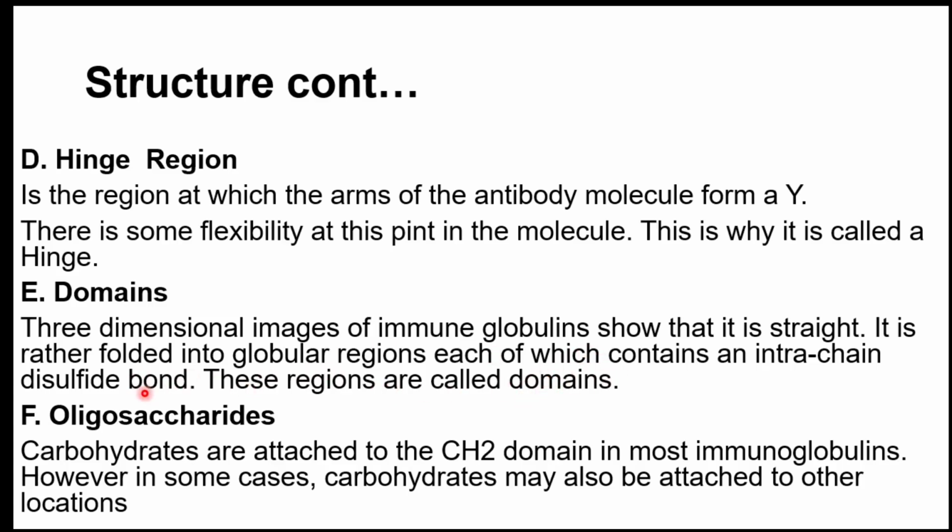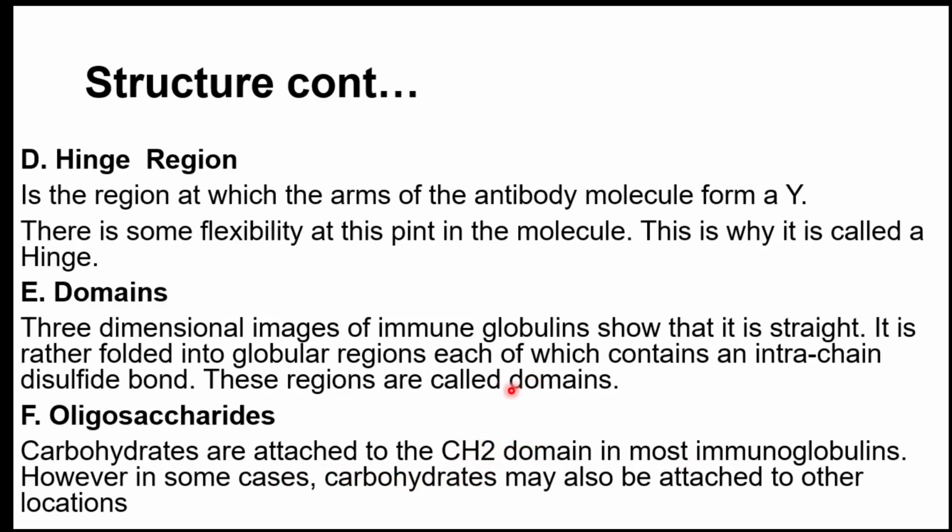Okay, so we also have the oligosaccharides. You see that these carbohydrates are attached to the CH2 domain in most of these immunoglobulins. However, sometimes you may find that the carbohydrates are not at the CH2 domain.